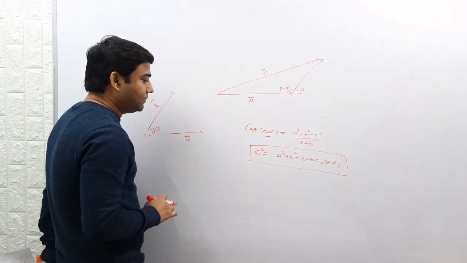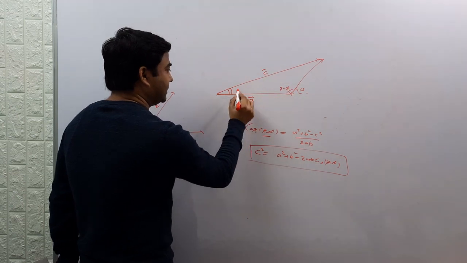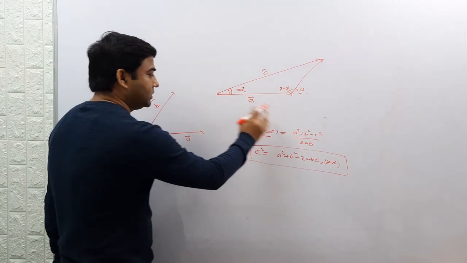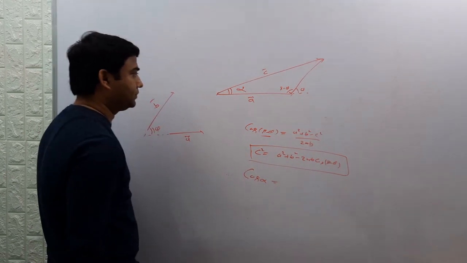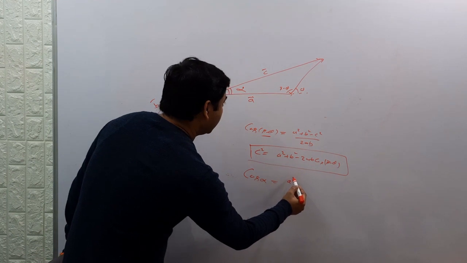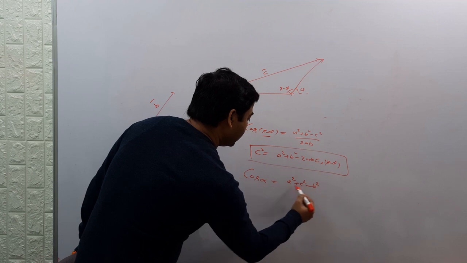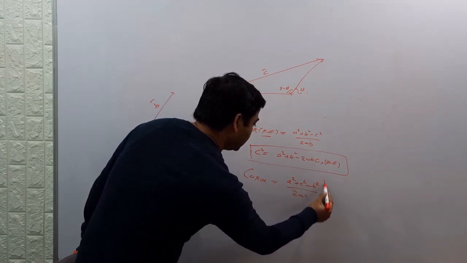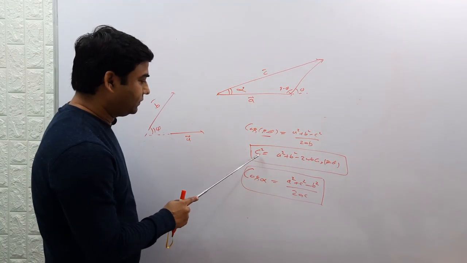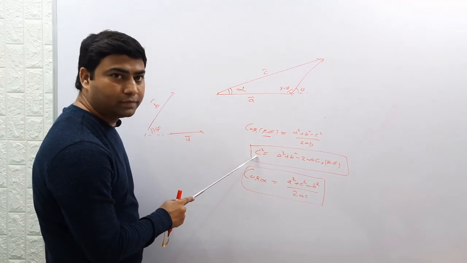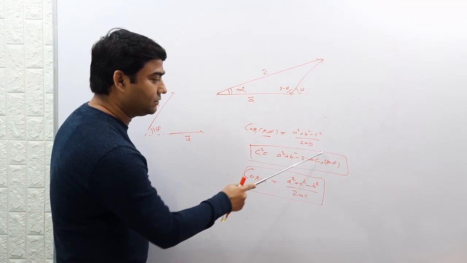And the direction: let the angle of the resultant vector from the A vector be alpha. From this cosine formula you can say cos alpha is equal to (A square plus C square minus B square) divided by 2AC. Here, A, B are known, theta is known, so cos(pi minus theta) will be known.